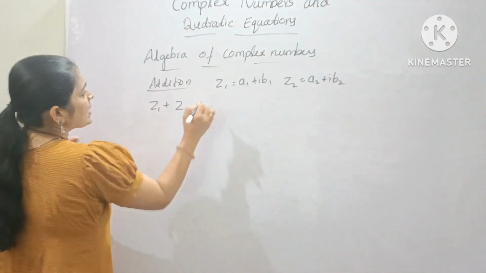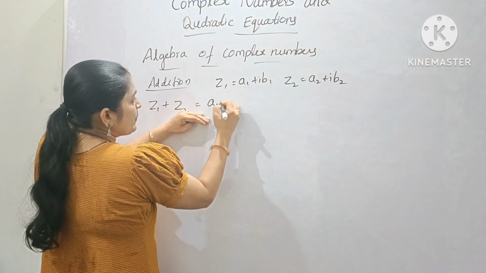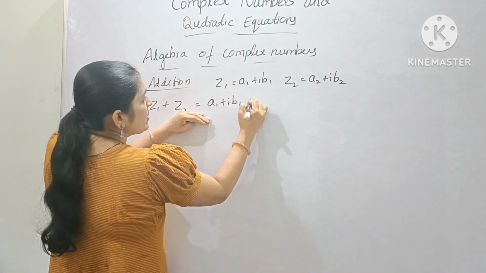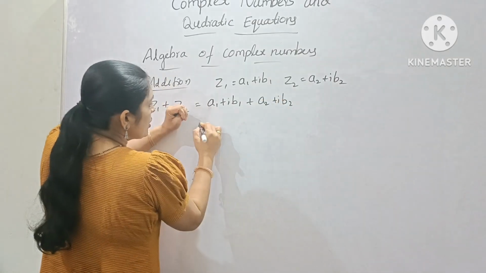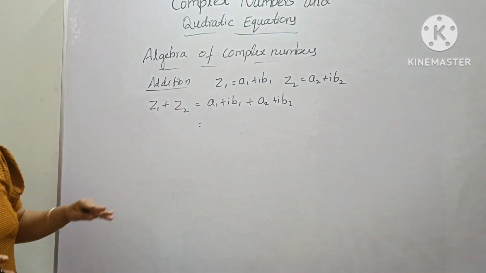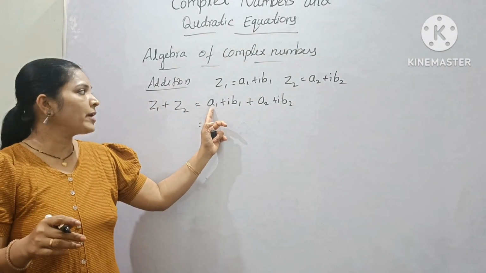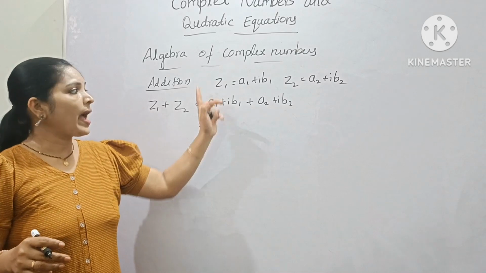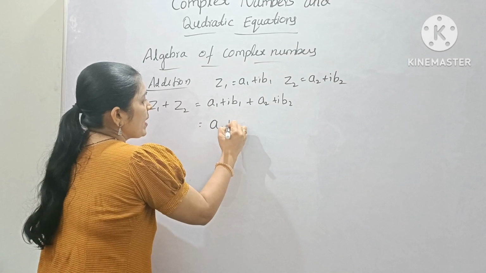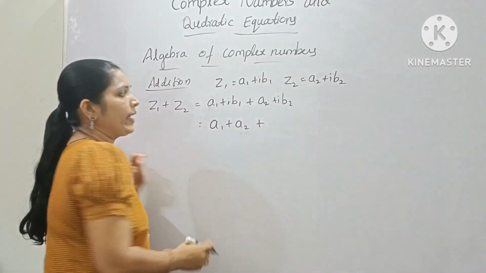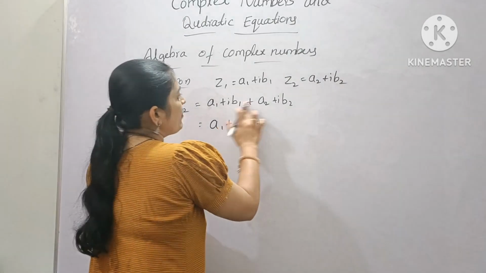z1 plus z2 is nothing but a1 plus ib1 plus a2 plus ib2. So here what we will do? We will add first the real parts, that is real part of z1 and real part of z2, that is a1 plus a2, plus, next let us take together the imaginary parts, that is i times b1 plus b2.